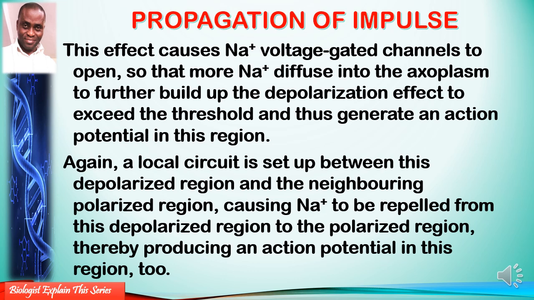So this region is now positive, and there's a local circuit between it and its neighboring region. What we saw play out before is the same thing that will play out now. There will be repulsion of sodium ions from this region, attracted to the neighboring region, which is presently in a polarized state, meaning negatively charged.